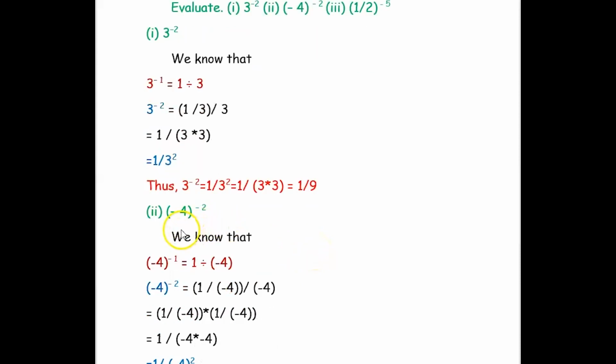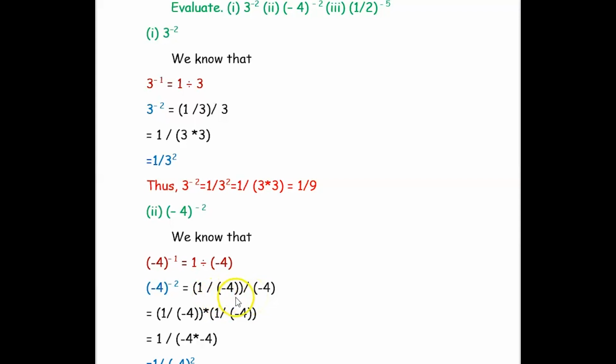Next is negative 4 raised to the power of negative 2. So we can write negative 4 raised to the power 1 as 1 divided by negative 4. So here in negative 4 raised to the power negative 2, our exponent is reduced by 1. So if it's reduced by 1, we have to take the previous value and reduce it by the same amount.